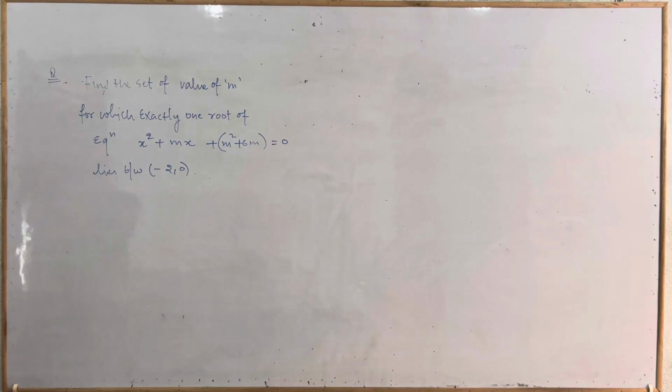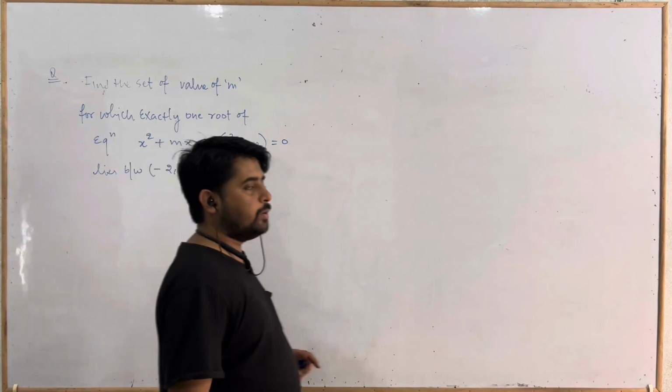Right? This is our question. So exactly one root lies between -2 to 0.